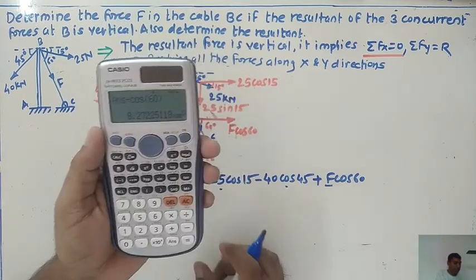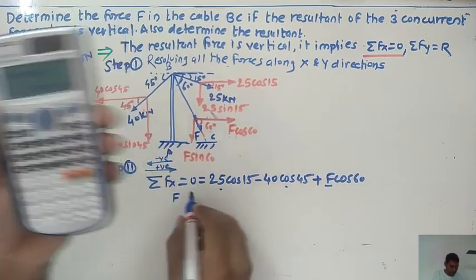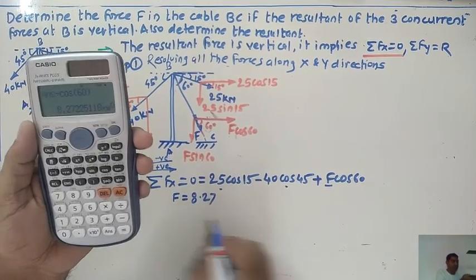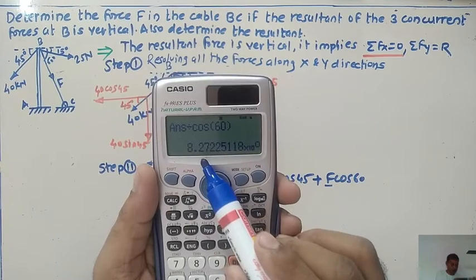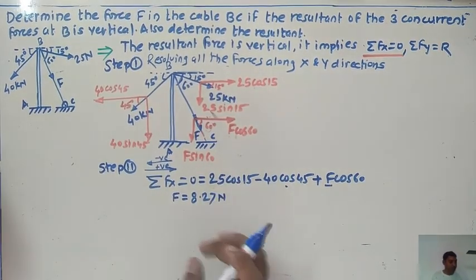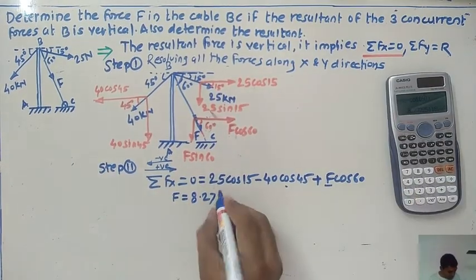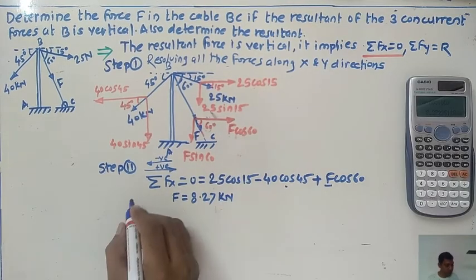We get the value for F after doing calculation equals to 8.27. Just check it, 8.27. Okay, so once we get the value for this one, F has unit kilonewton. So what's about next one?